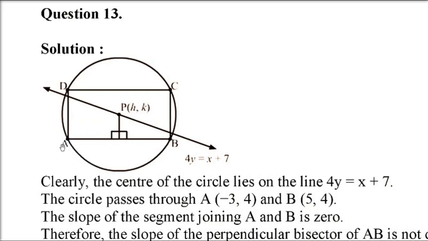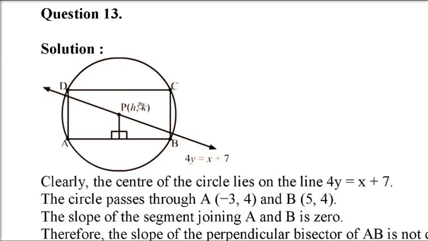A and B coordinates are given. This circle is circumscribing, that is, this circle is passing through A, B, C, D, all of these points. And DB is the diameter you see. DB is the diameter. And the line of the diameter is 4y equals x plus 7.